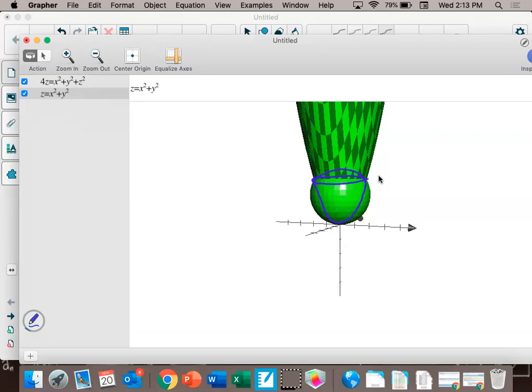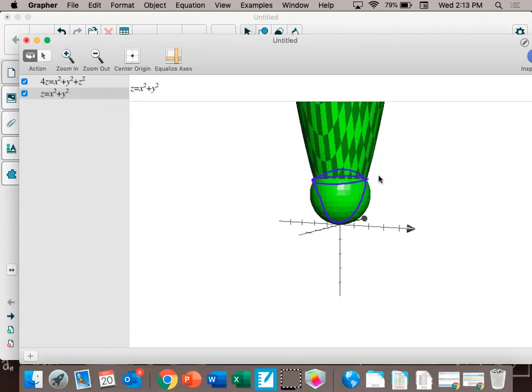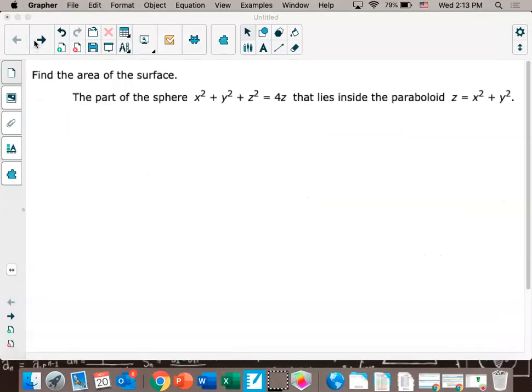Except the ice cream cone wouldn't have a pointy bottom, it would have a curvy bottom. Can you envision that? So you have this paraboloid bottom and a slice of a sphere top. Again, what shape are they going to meet at? It's going to be a circle, right? Okay, so that's our picture.